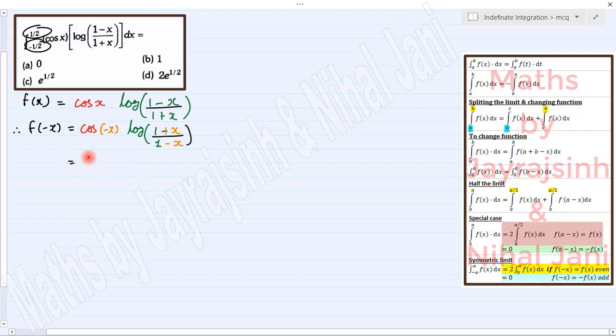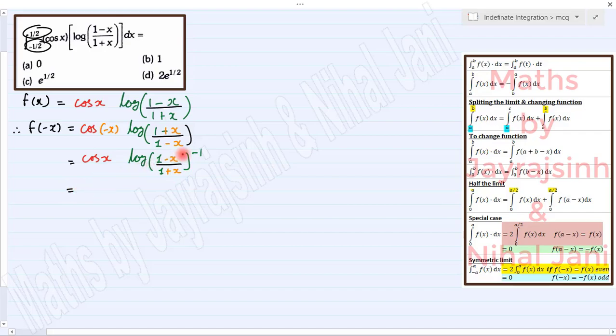Now, we know that cos is an even function, so cos of minus x will be cos of x. And here we need the reciprocal of 1 plus x upon 1 minus x. So we have log of the inverse of 1 minus x upon 1 plus x.